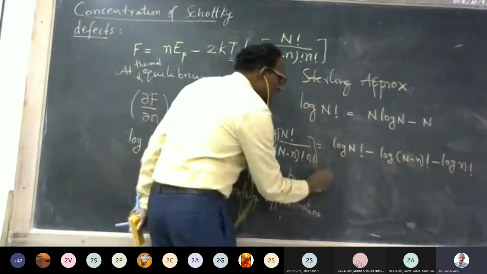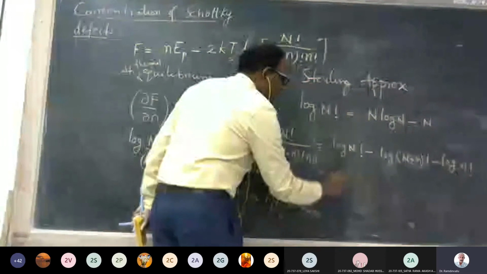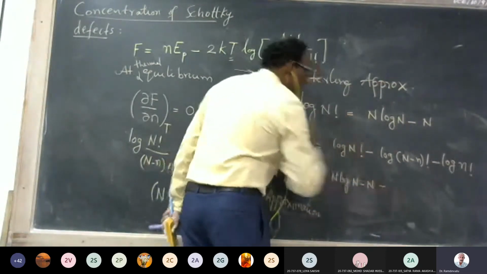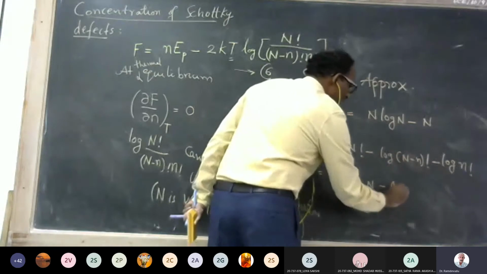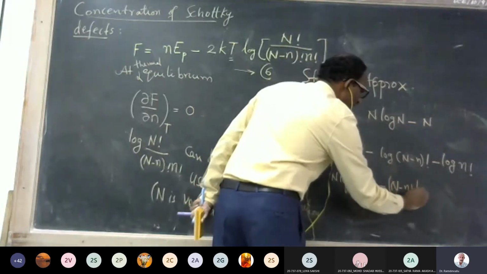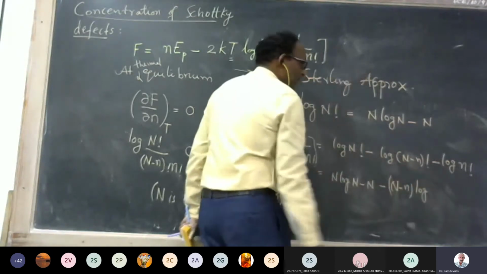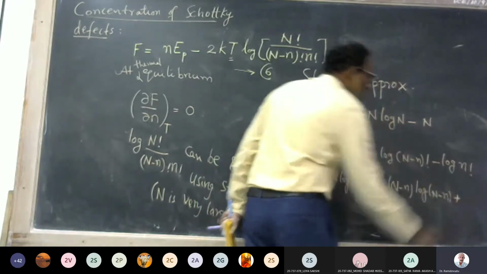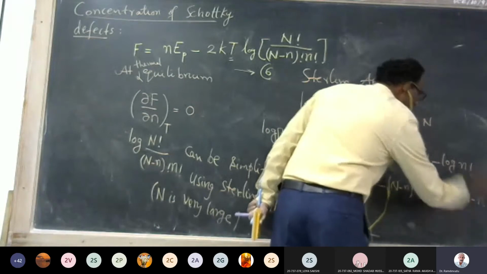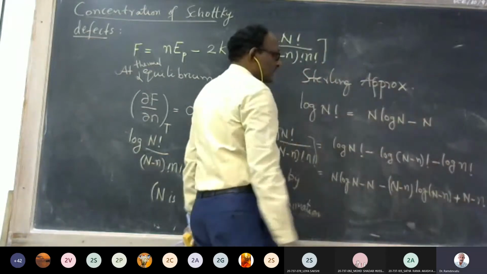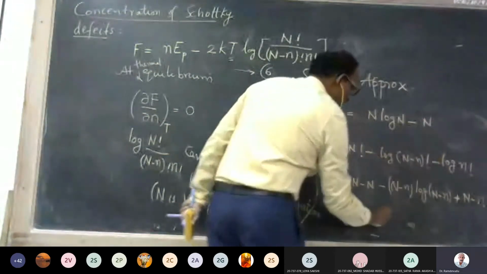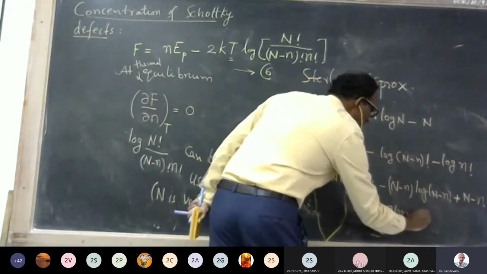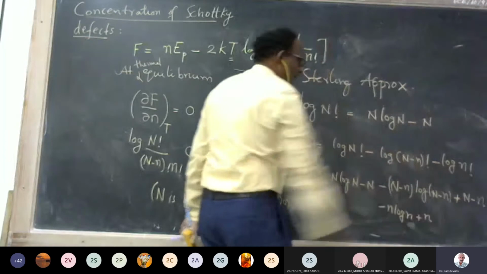If I want to simplify this, for this I will write N log N minus N. Minus of, I should write (N minus n) log (N minus n), okay? Minus of minus becomes plus (N minus n). Then for this I'll write minus n log n, and minus of minus plus n I'll get.